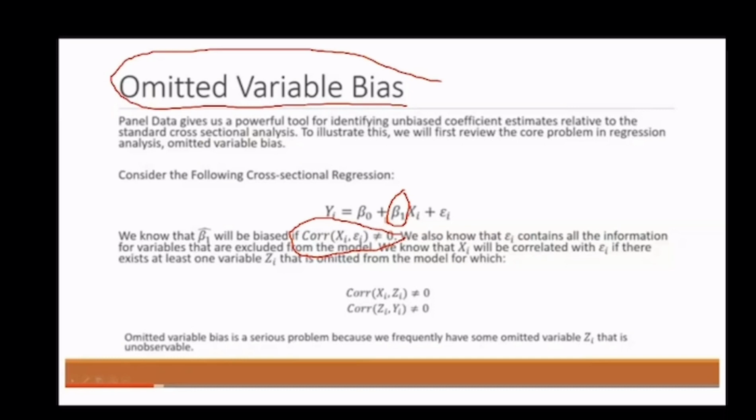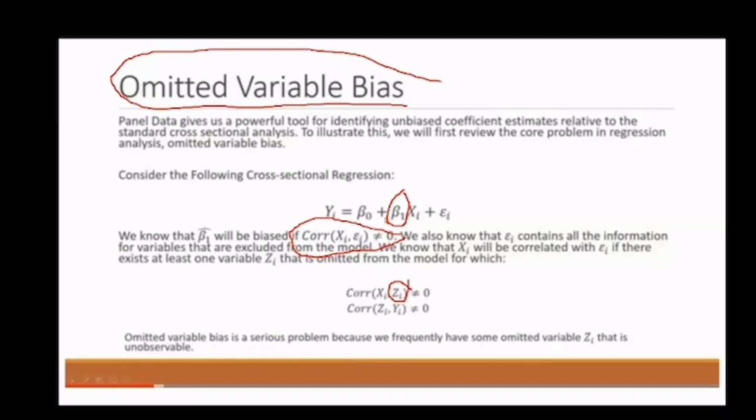We put it in the error. When a variable is important, it shouldn't be in the error. Does that make sense? Because when you hide something that is relevant in the error term, you're telling the world it is not important. And it is important. So that variable is what I call Z here.